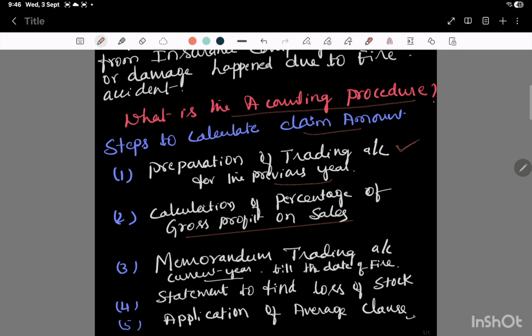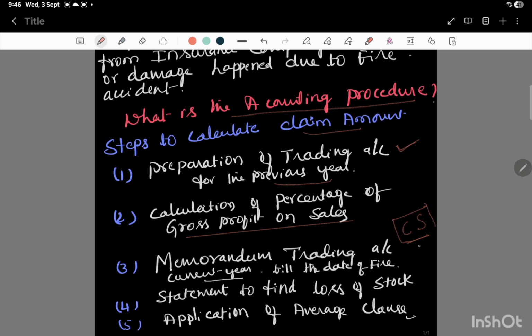For the current year, you may not get the information related to closing stock, the stock value which was there in the godown or the business when this accident happened. A fire accident happened.